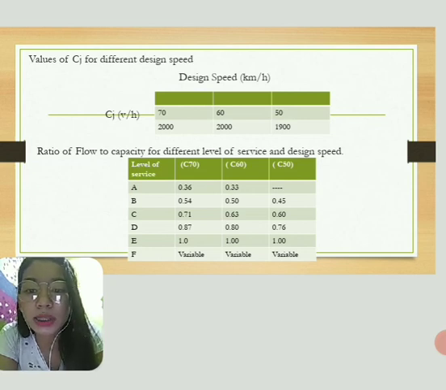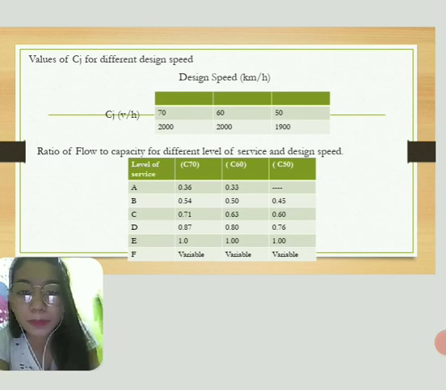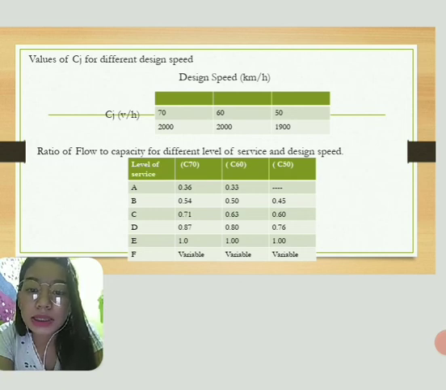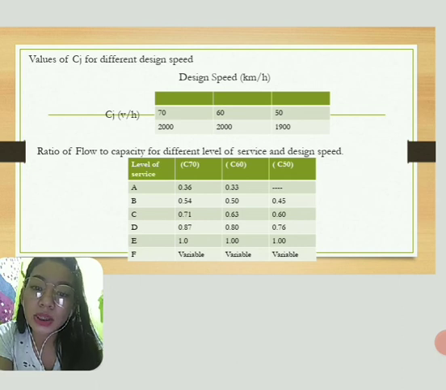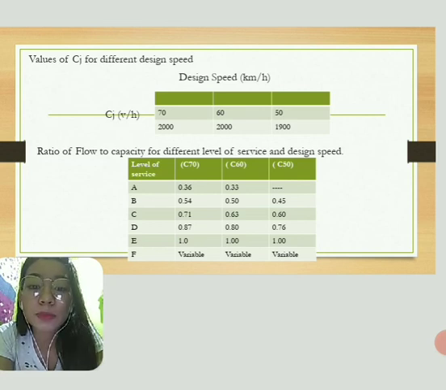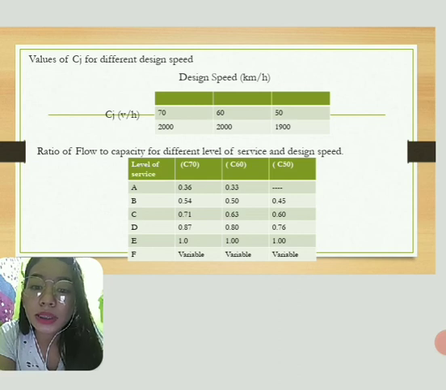The first table is the value of CG for different design speeds, in kilometers per hour, where CG is in vehicles per hour. If the design speed is 70, CG is 2,000. If it is 60, it is also 2,000. If it is 50, CG is 1,900.